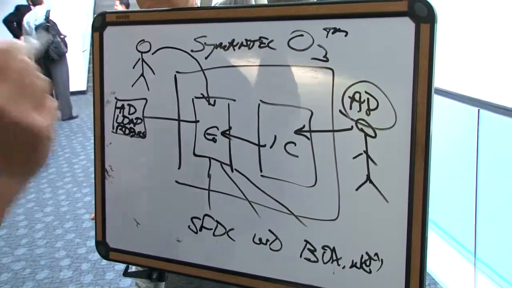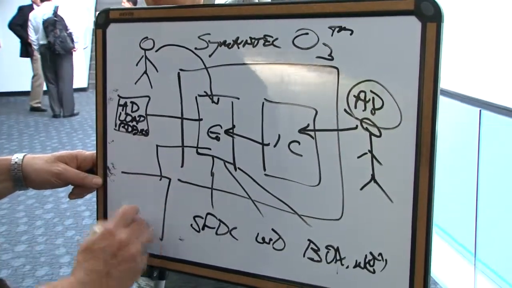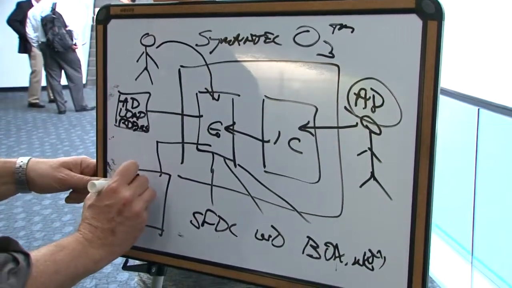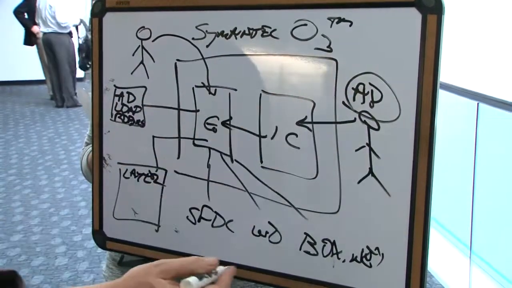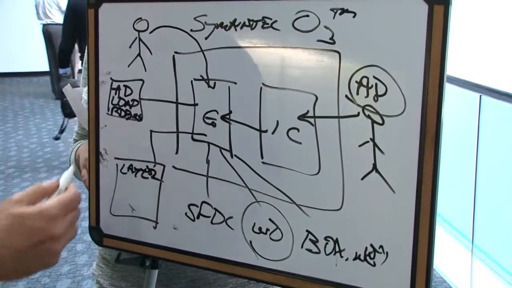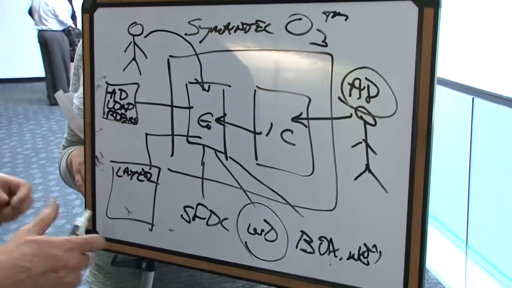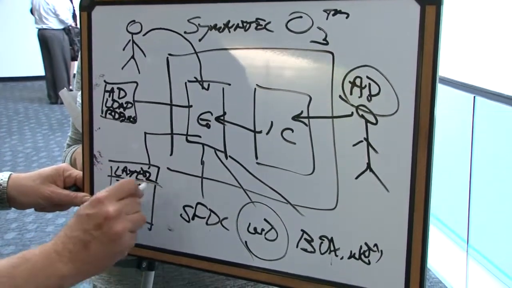Now, here's where things really start getting interesting. What we call layered protection or layered security. So what we can do is, let's say we set a policy that in order to access Workday, this user has to put in a second factor, has to put in a one-time password in addition. Well, we have two-factor authentication layered in.